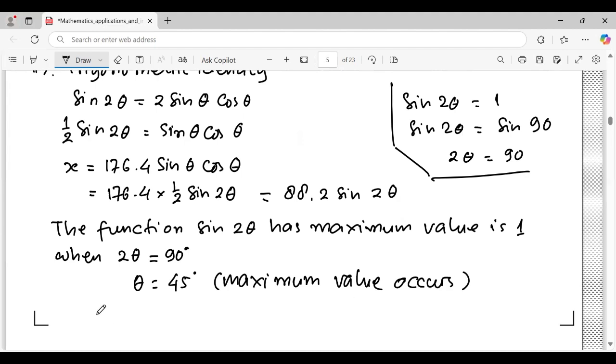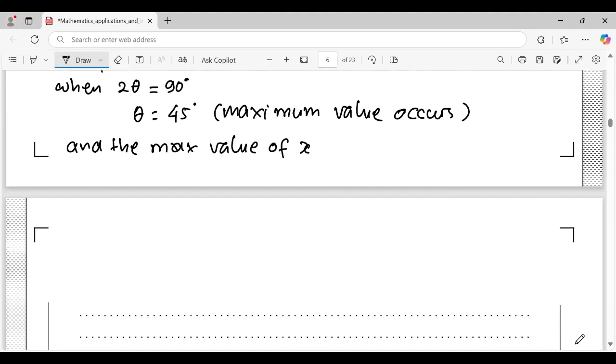And the maximum value of x is 88.2 multiplied by 1, which is 88.2 meters.